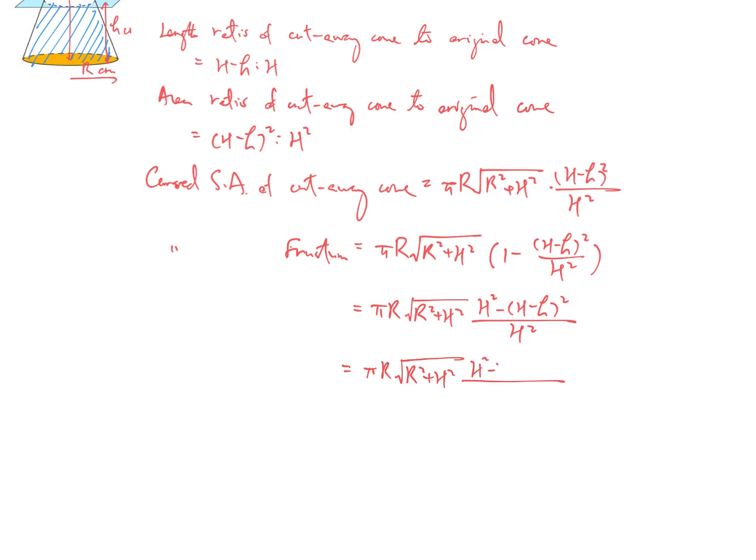H square minus H square plus 2Hh minus small h square, divided by H square. So it is pi R square root R square plus H square. Well, for the denominator, probably we can no longer simplify that. For the numerator, it is only 2Hh minus h square left. Well, probably we cannot carry out any simplification, and therefore let's leave it here. Okay, so this is the end.